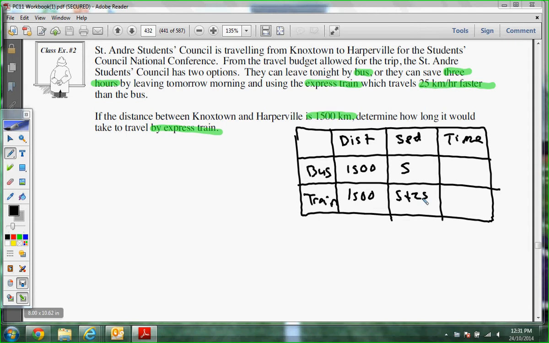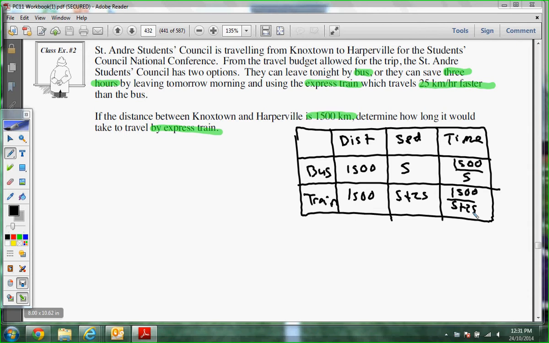Does that make sense? Okay, and so then we have time. Well, time's already set up. Remember, this column's easy once you have these two filled out. So this one's 1,500 over S. 1,500 over S plus 25, excuse me.